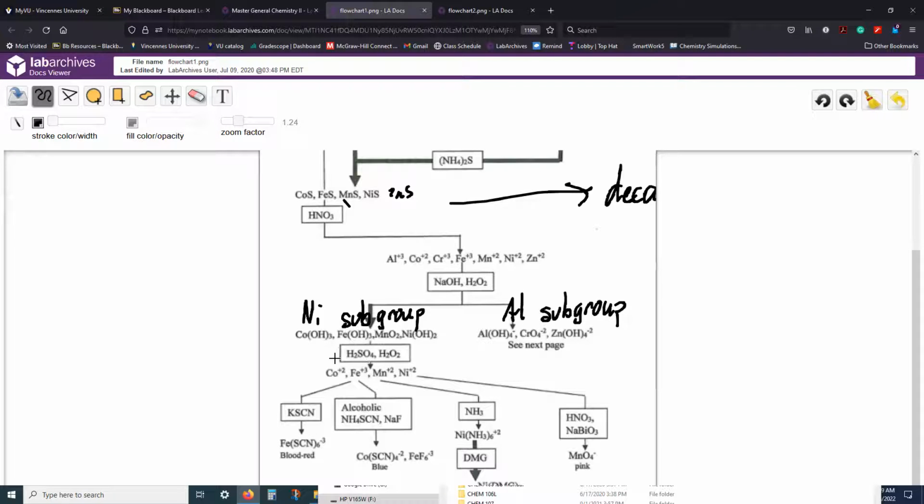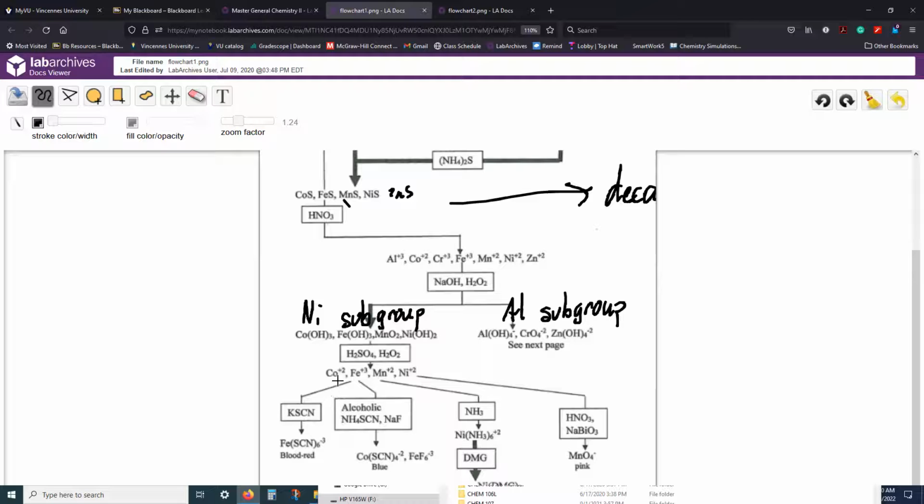We're going to hit them all with sulfuric acid and peroxide, get them back down to their original states. And we're not going to separate them any further, because the chemical reactions that we have in place are specific to these individual ions. So we don't need to separate them, because there won't be anything that would give us any kind of inconsistent or unsettling result.